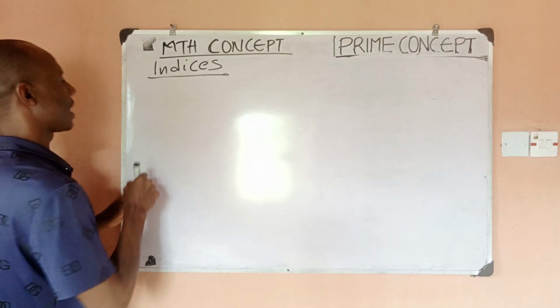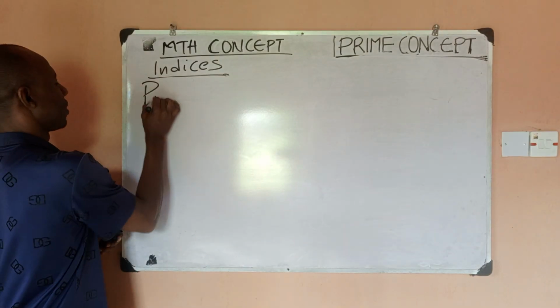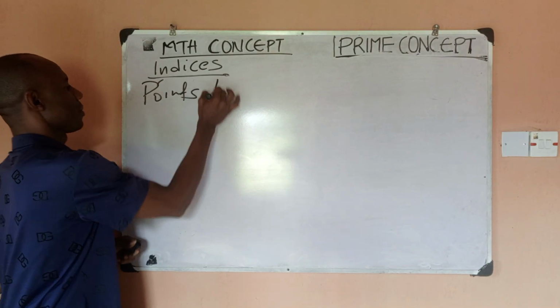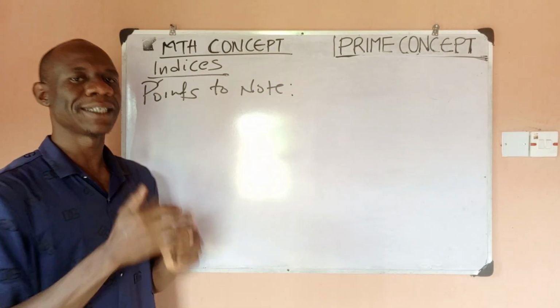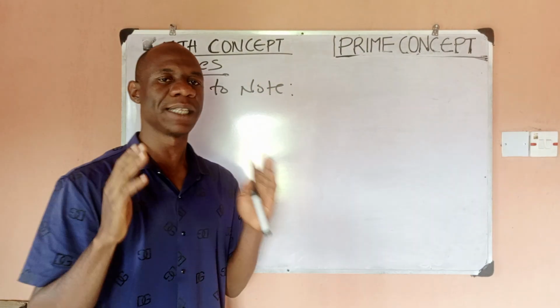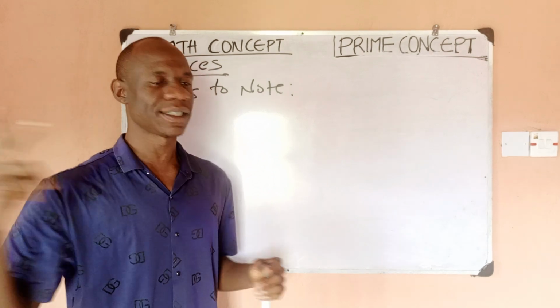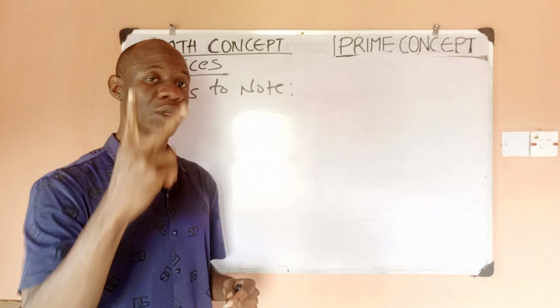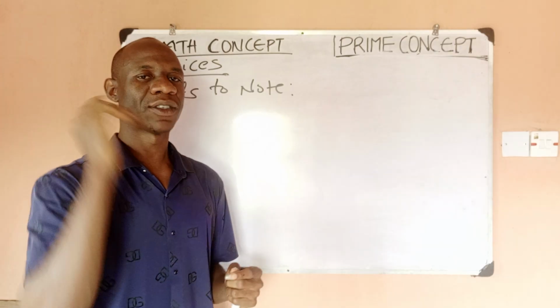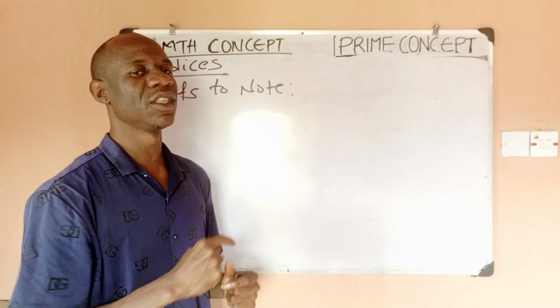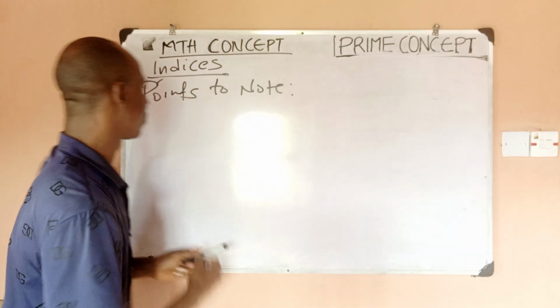There are 2 points to note that govern everything we do in indices. These 2 things guide everything. When you know these 2 things and always look out for them, then you can solve all problems together with the rules.